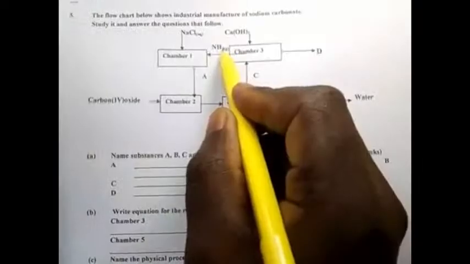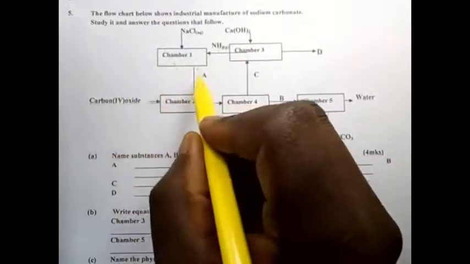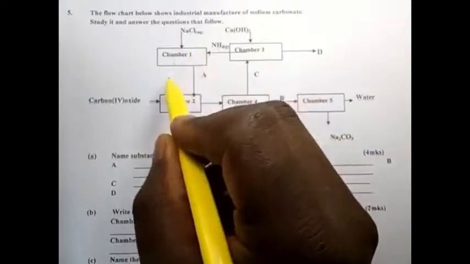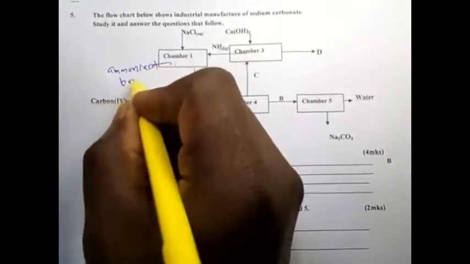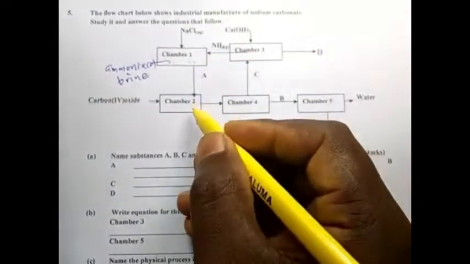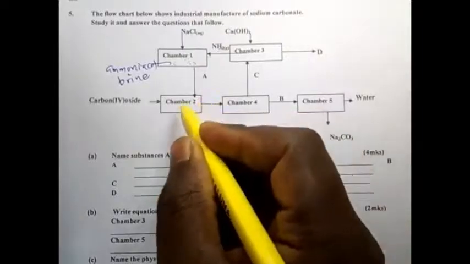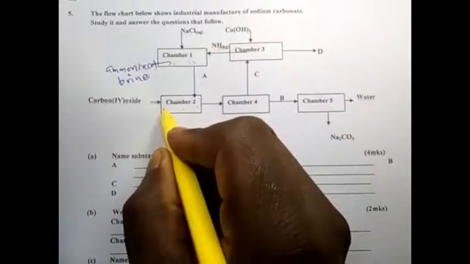Ammonia is getting into this chamber. Sodium chloride combines with it to form brine. Now this ammoniacal brine is getting to chamber 2, and you can see clearly that in chamber 2 carbon dioxide comes in.